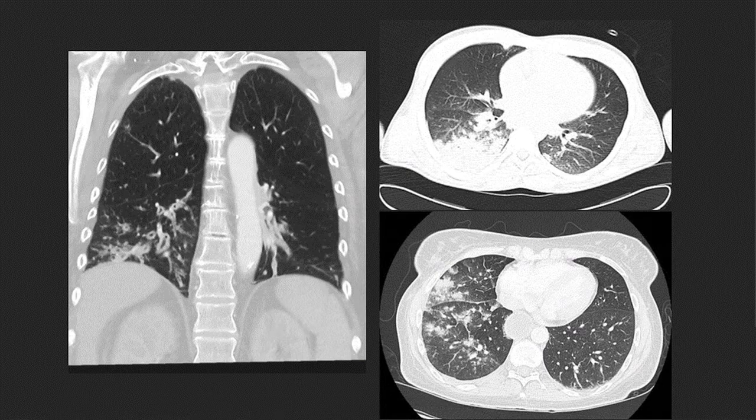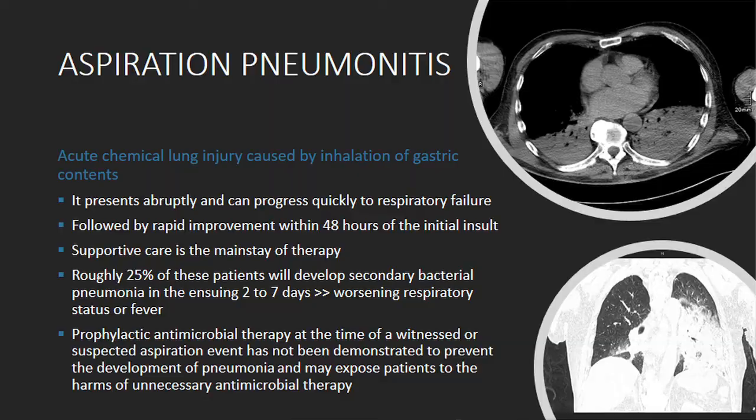The definition of aspiration pneumonitis is an acute chemical lung injury caused by inhalation of gastric contents. It usually presents abruptly and can progress very quickly to respiratory failure and ARDS. It's followed by a rapid improvement within 48 hours after the initial insult, and supportive care is the mainstay of therapy.